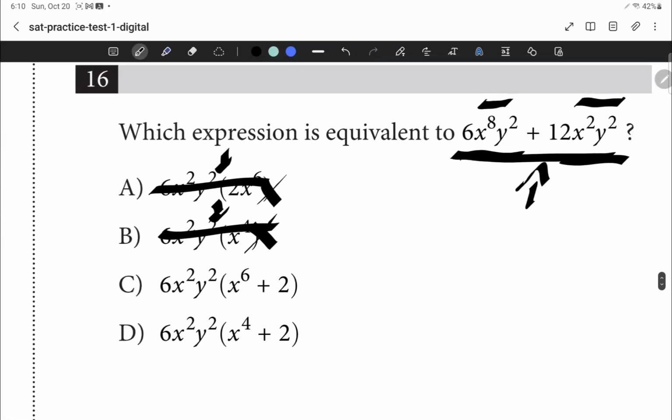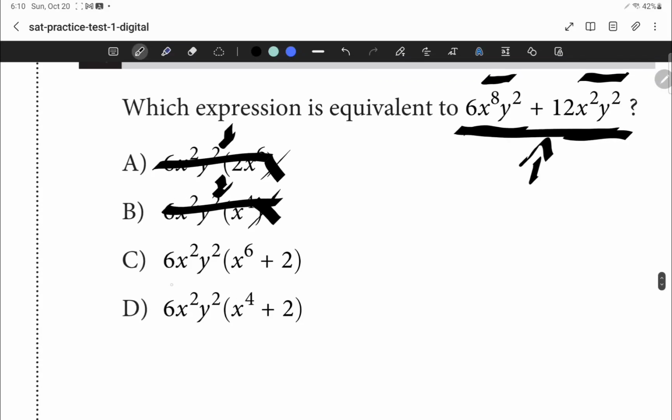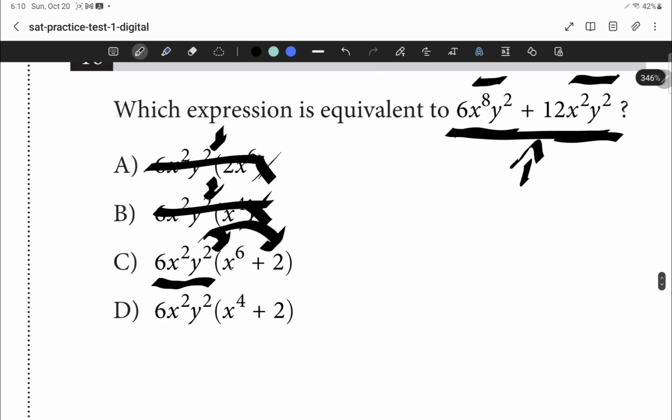Now on the bottom one, we have to do what we call distribute. We've been doing this a lot. I'm going to grab this entire thing and multiply it by 6, and then multiply it by 2. All right, pretty easy. What is 6 times x squared, y squared? It's 6 squared times x squared y squared, pretty easy because we're multiplying the exponents.